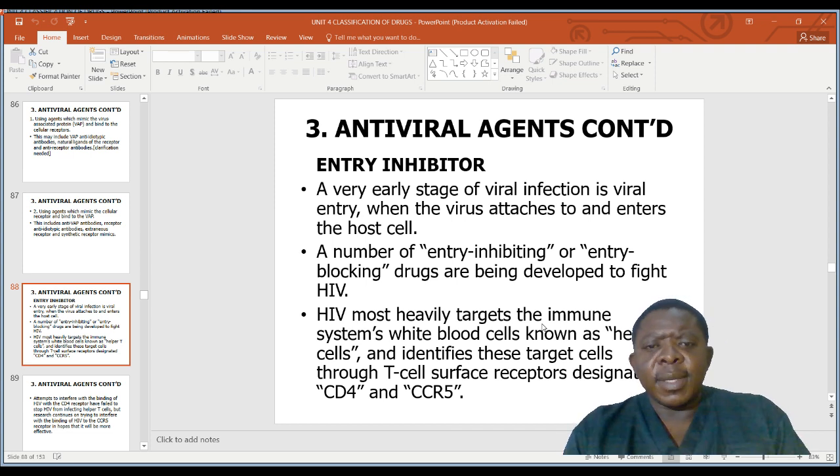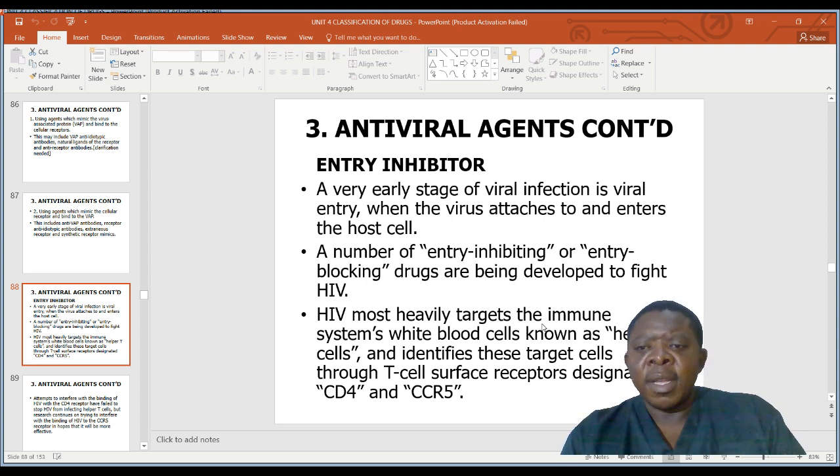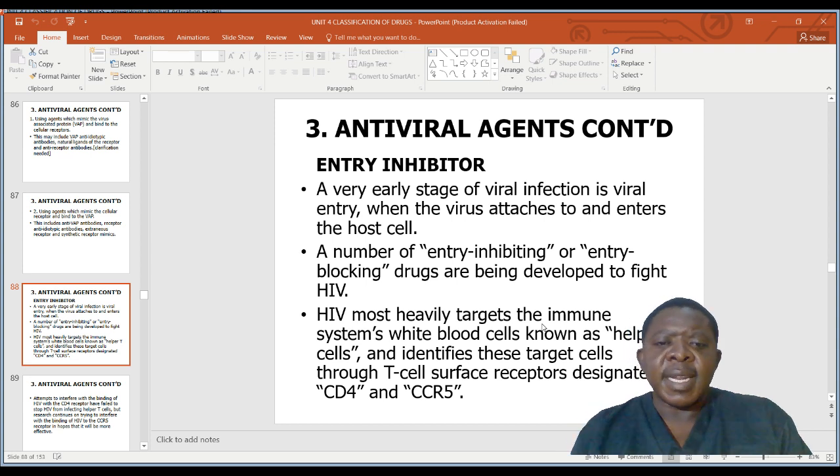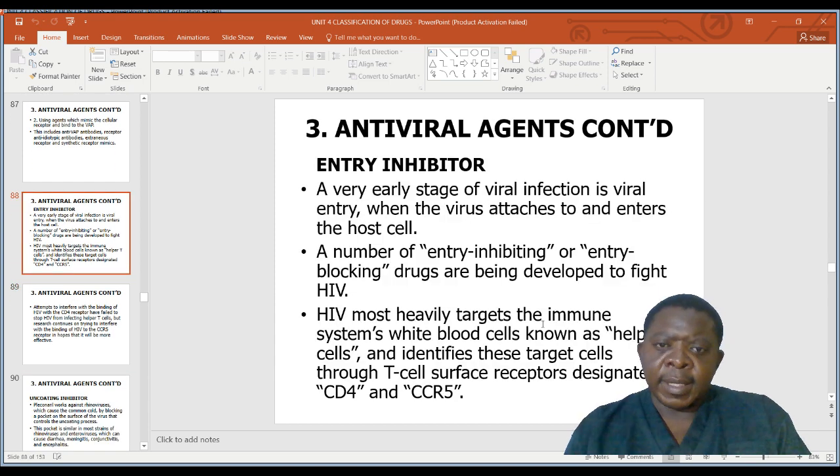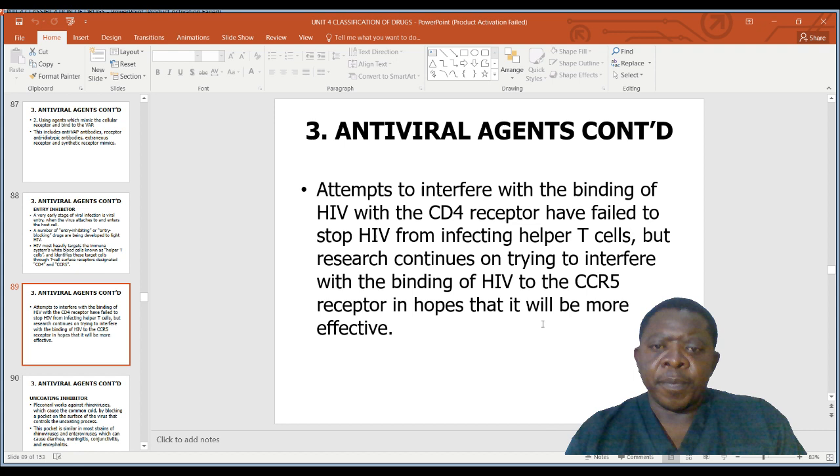So HIV most heavily targets the immune system's white blood cells, known as helper T cells, and identifies these target cells through T cell surface receptors, which are designated as CD4 and CCR5.